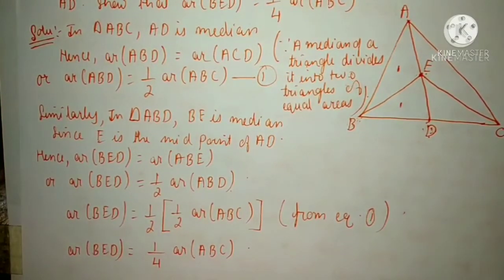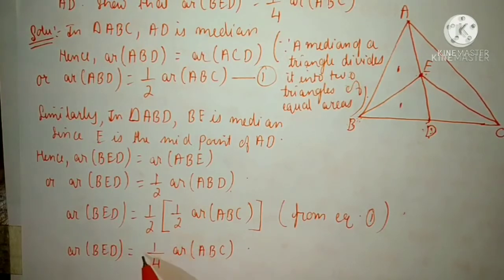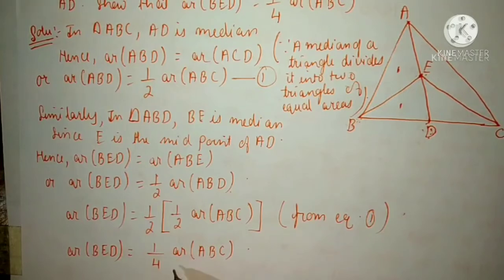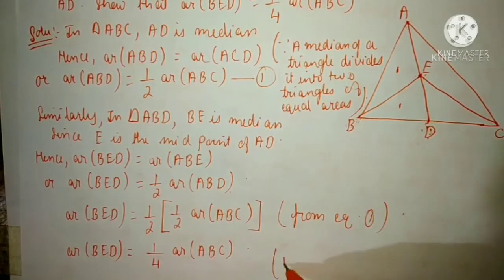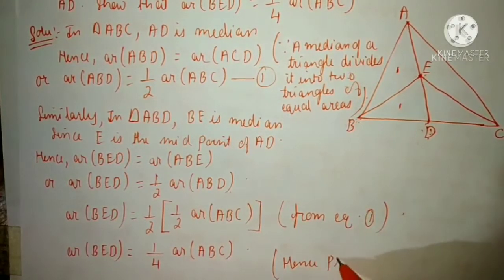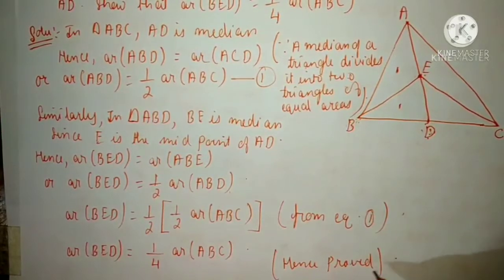Now solve this. Area of BED is equal to 1 by 4, because 1 by 2 into 1 by 2 is 1 by 4. So 1 by 4 of area of ABC. And this is what we have to prove. So we can write hence proved.